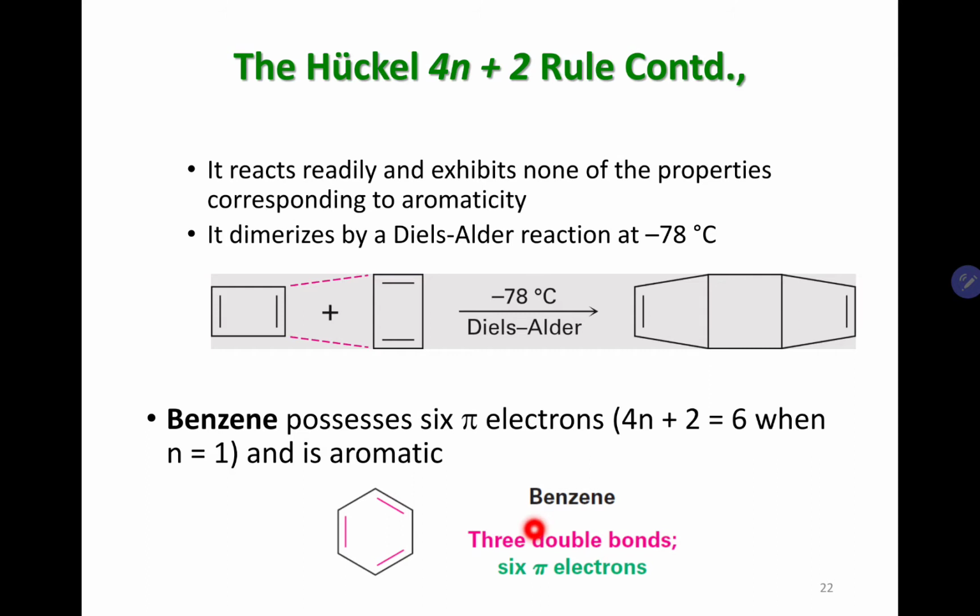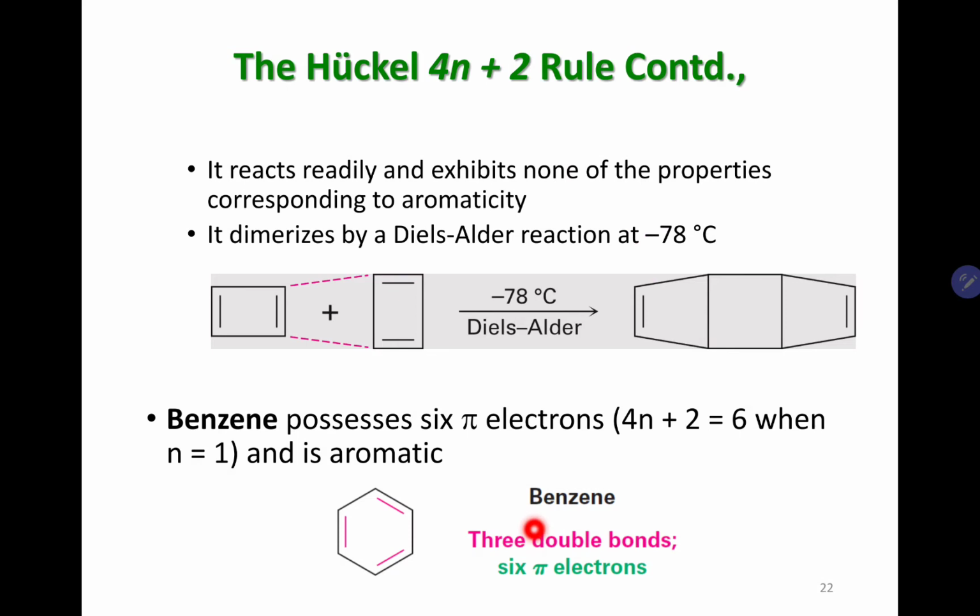If a molecule is unstable, it is highly reactive. This diene is extremely reactive. It even reacts with its own kind at minus 78 degrees. So it will basically self-react at very low temperatures, which means it is extremely unstable. Why? Because of the anti-aromaticity.